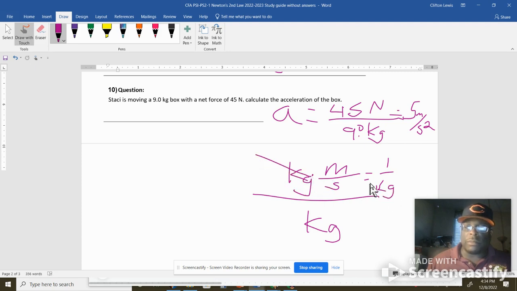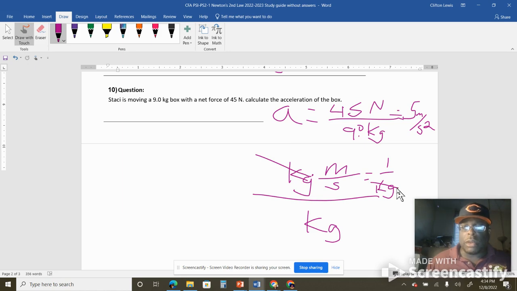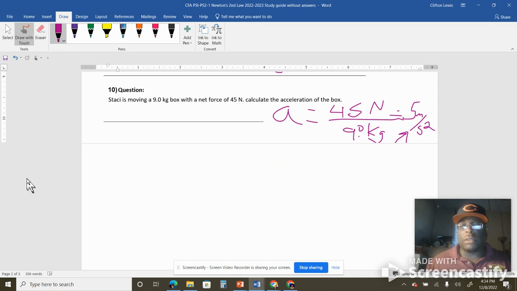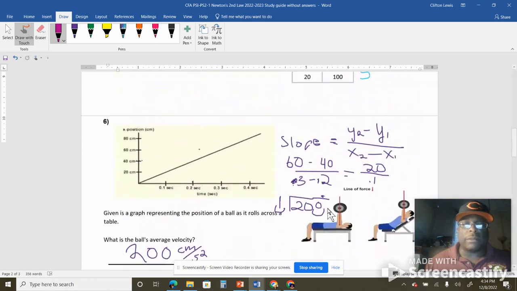That's going to cancel out. Force equals mass times acceleration. So we're left with this unit right here. That'll be our final unit. For those that want to be superstar smart kids, know about the units, that's how we do that. All right, so let's help you out, help you understand.